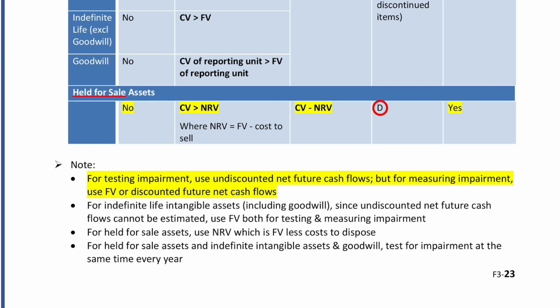Now, the third note that we have here, highlight for held for sale assets, use NRV, which is fair value less cost to dispose. And then the last sub-bullet, highlight for held for sale assets and indefinite life intangible assets and goodwill, the test for impairment is conducted at the same time every year.